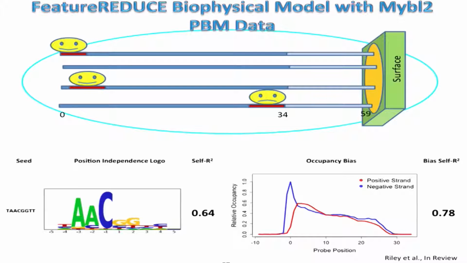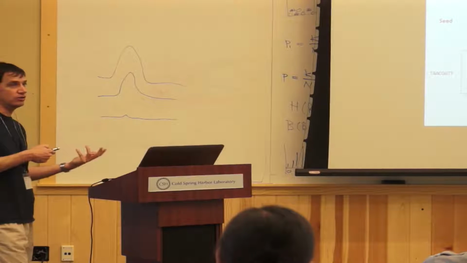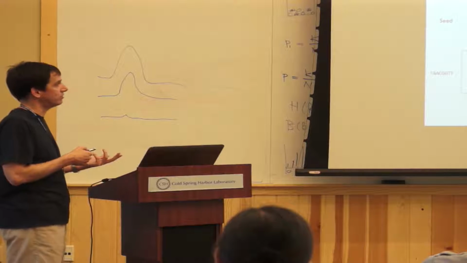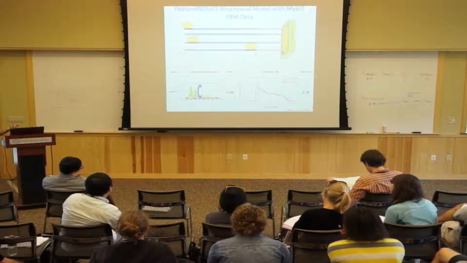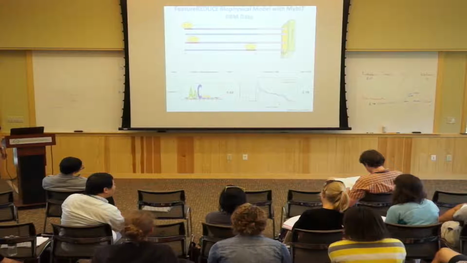In this cartoon the carpet is sideways. This is the surface of the carpet, and the carpet's going out this way. So these are the free ends of the probes, and these are the ends that are attached to the surface. One of the major artifacts in PBM data that we had to model in order to greatly increase the accuracy of our models is that the proteins, which are like the beads, have difficulty getting into the closely compacted carpet of double-stranded DNA oligos for any particular spot.